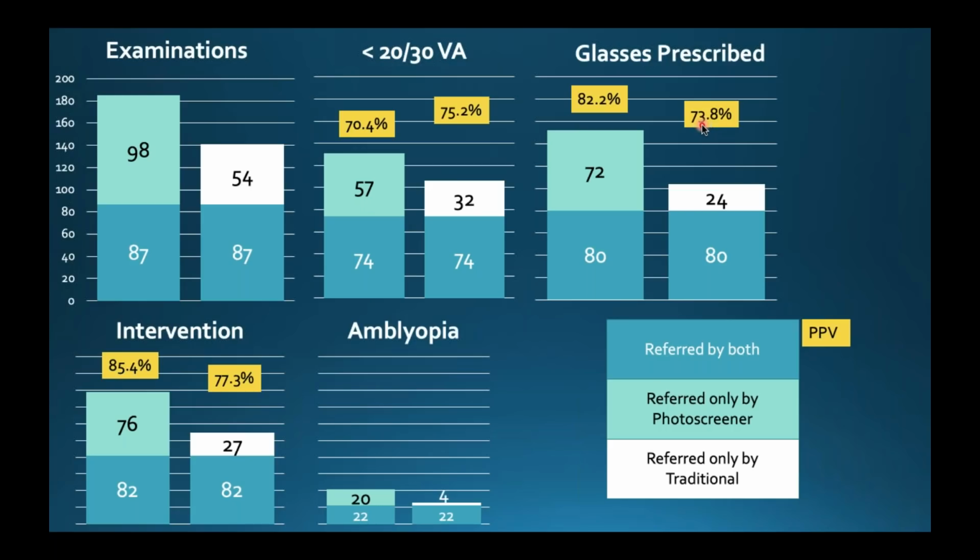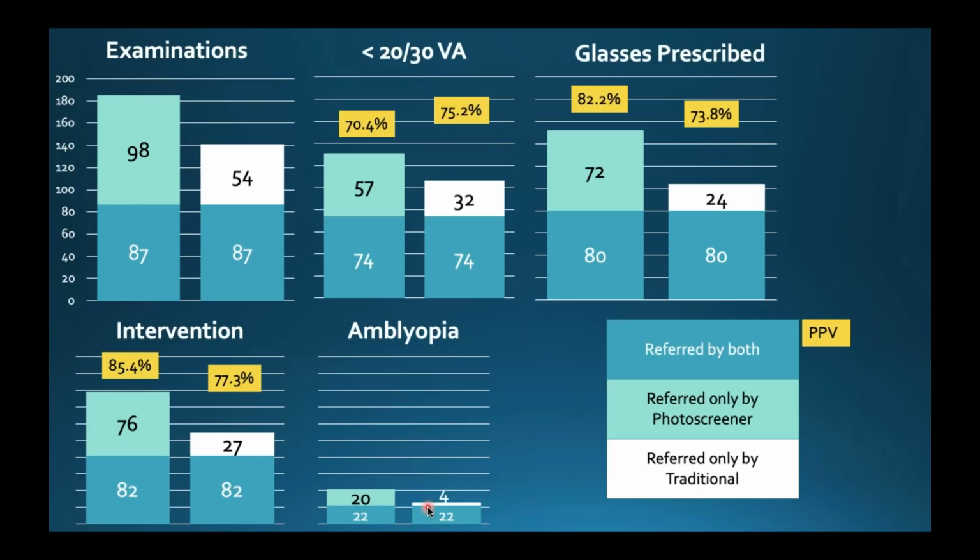We had 22 children who were referred by both methods that had amblyopia, but interestingly, 20 more children were referred by the photo screener who had amblyopia than the 4 that were referred by the traditional method.